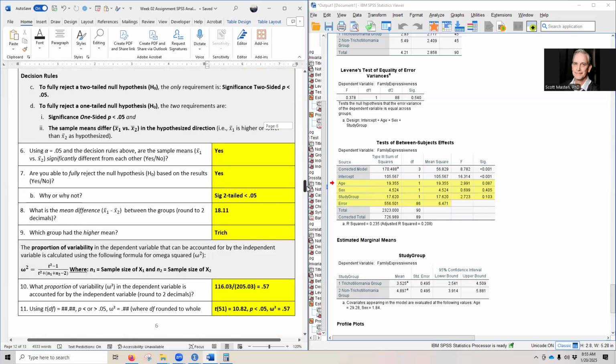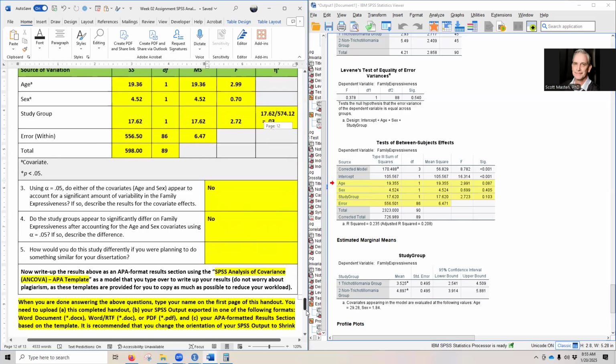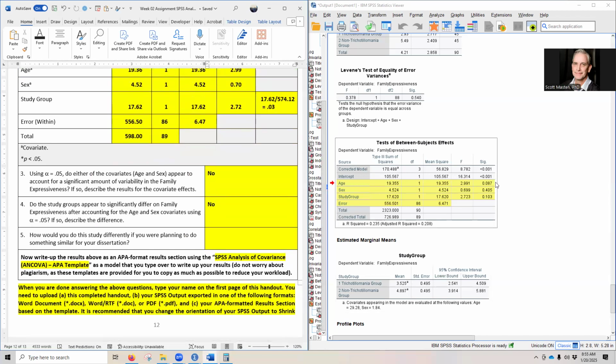Yet we come over here and we adjusted for age and sex, and the analysis said neither of those on their own did a significant amount of adjusting. Yet now we no longer have a difference between the groups on family expressiveness. So I don't know how to explain that. Neither of them on their own did a significant amount of adjusting, but sort of together they were significantly adjusting. That would be my guess.